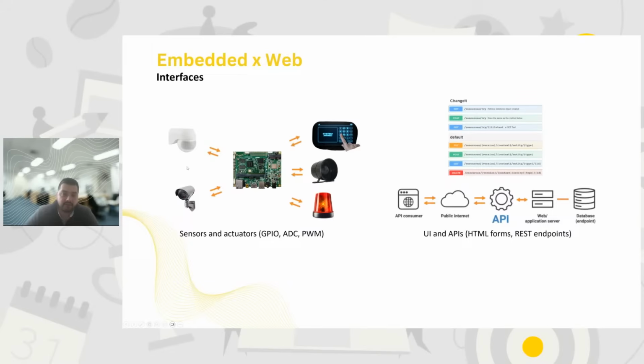These devices give input to our system, which is a board with a microcontroller that will process the data and act on the environment with this sound device, these lights, this screen, wherever. And we have these interfaces. We have some sensors and devices that collect information from the behavior, interacting with the main device and acting on the actuators, and we have all of those interfaces between these parts.